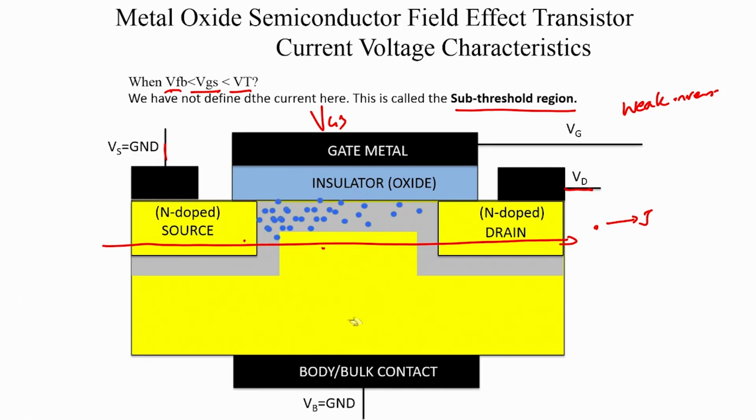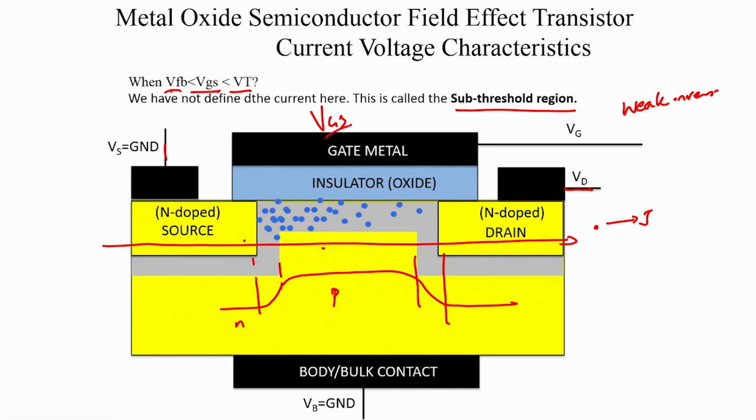This is a mistake here, it should have been shown with a different color. So, you have your N doped source and N doped drain, and you have a PN junction that looks like that. That is the P region, that is the N region, and this is the depletion width there, and this is a PN junction.